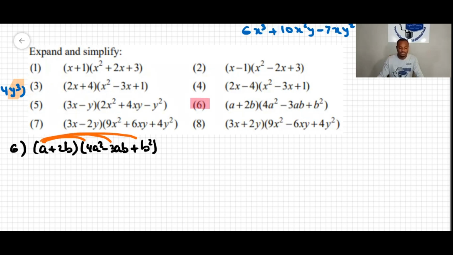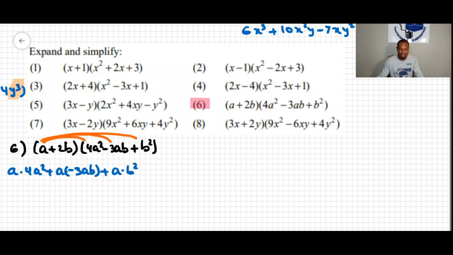Now I'm going to write a times 4a squared, and now a times negative 3ab, I can use brackets here because we have a negative sign there, negative 3ab, and then plus a times b squared. I'm done with the a.